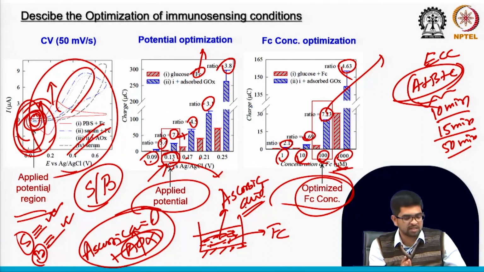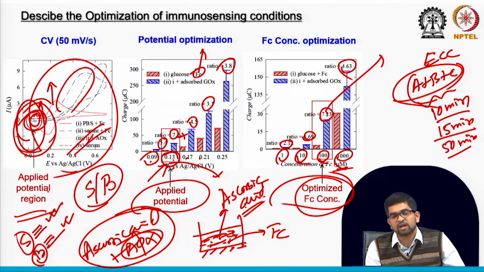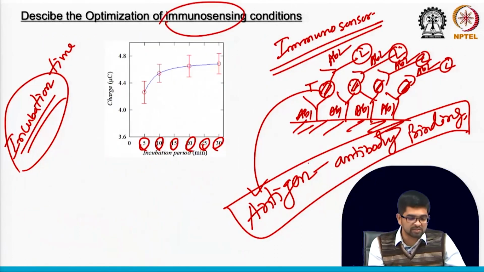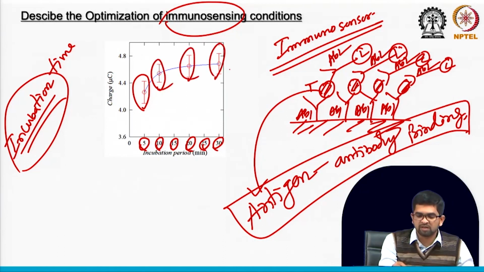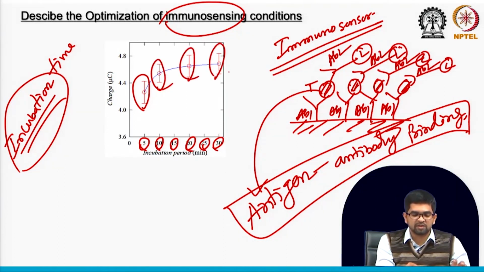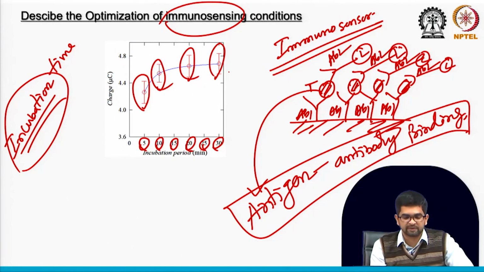After 15 minutes, how much signal to background ratio are you getting? Then 30 minutes, 50 minutes, 1 hour, you just check it. Then we can plot with standard deviations how much current variation you are getting.